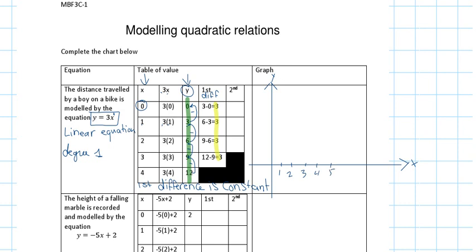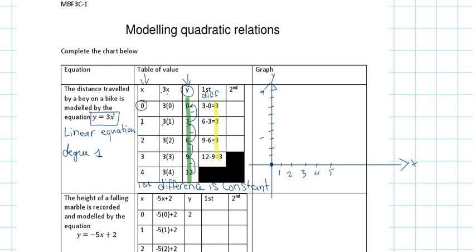Zero, zero. So 1, 2, 3, I went up by ones. If I go 1, the x value is 1, the y value is 3. So 1, 3. The x value is 2, and the y value is 6.